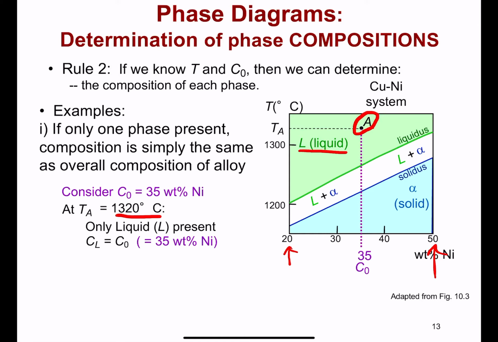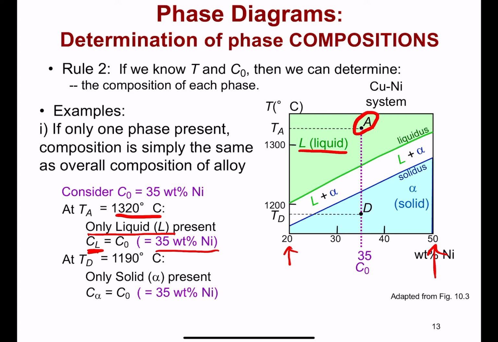It's a liquid molten state of the two combined systems, and it's going to have an overall nickel concentration that perfectly matches the x-coordinate for the point A of interest. So we already know it is one phase only, liquid, and the concentration of nickel in that liquid is 35 weight percent nickel.